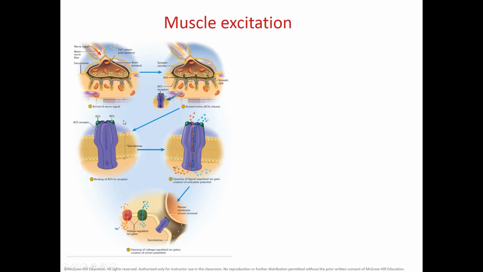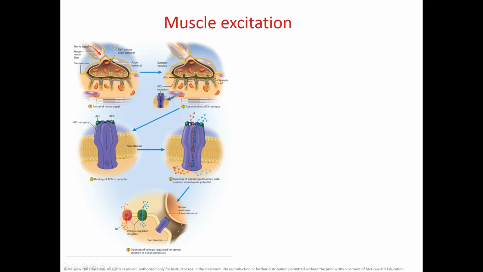These acetylcholine vesicles are going to be released through exocytosis. Acetylcholine is going to be released into this synaptic cleft, and then you will have binding of acetylcholine, this neurotransmitter ACh in green, to these acetylcholine receptors, which are linked to these sodium-potassium channels.